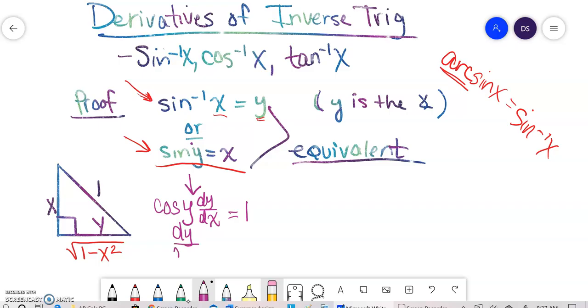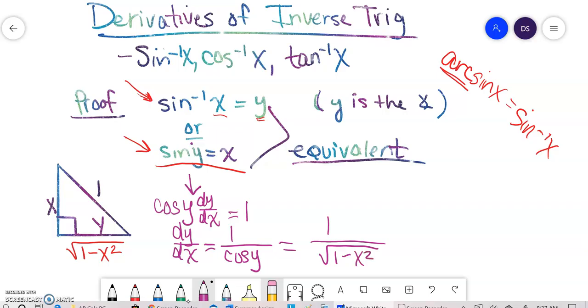Divide both sides by cosine y, and we get dy dx equals 1 over the cosine of y. And the cosine of y is adjacent, which is in red here, over hypotenuse, which is 1. So it's really just the adjacent.